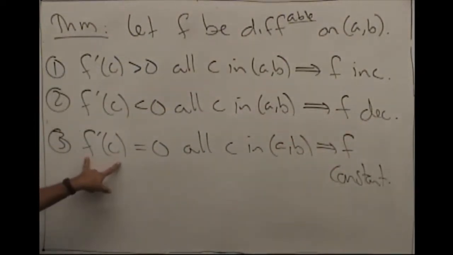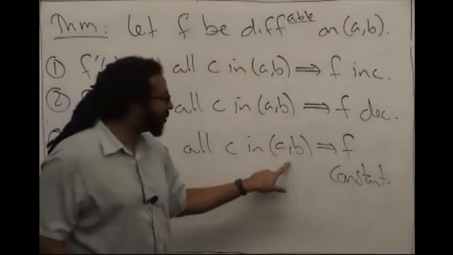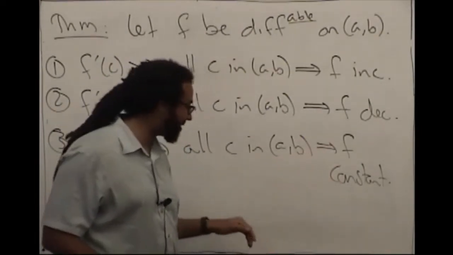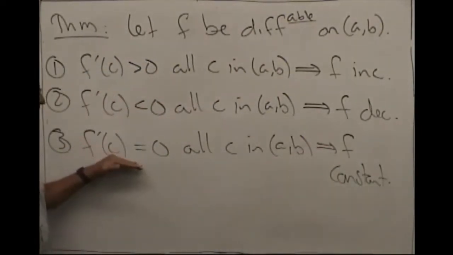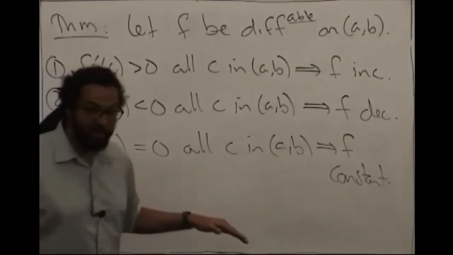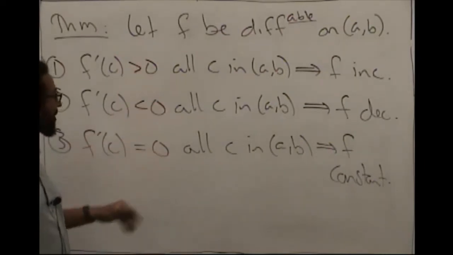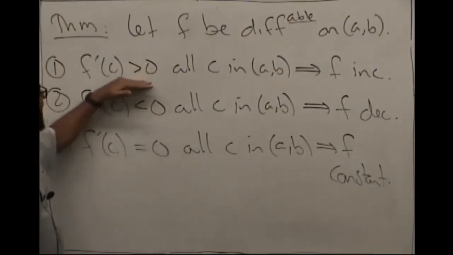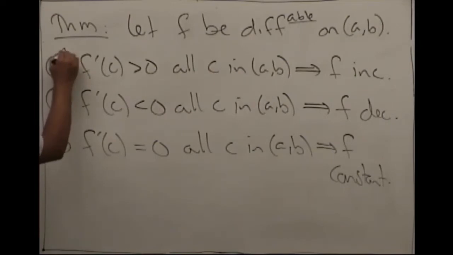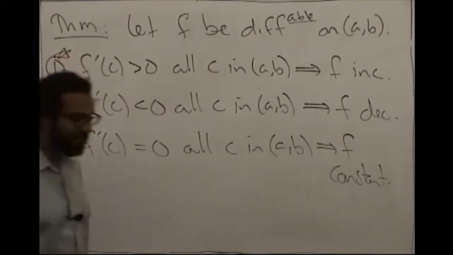And if the derivative is 0 everywhere in the open interval, then the function must be constant. We actually proved this in the section on the mean value theorem, so we won't need to prove it again. But just so you can see how it fits in with this first derivative test, let's go ahead and prove item 1, and we will use the mean value theorem to do that.